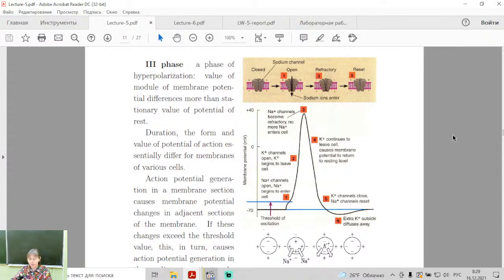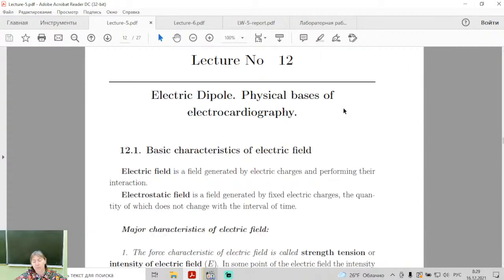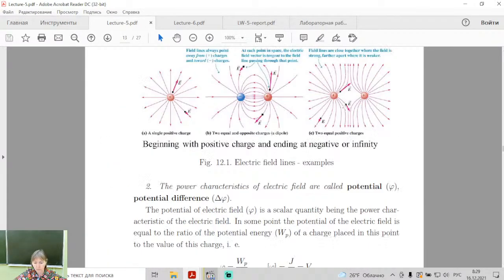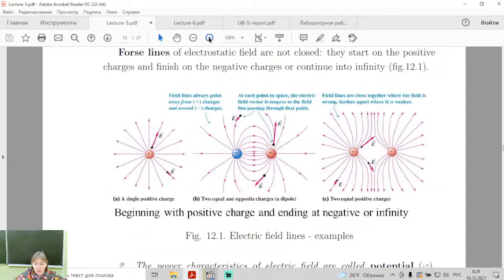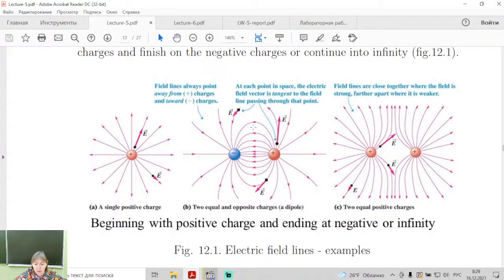And then we talk about the electric dipole and the physical basis of electrocardiography. First, the basic characteristics of the electric field.